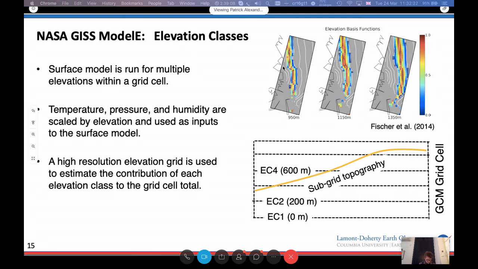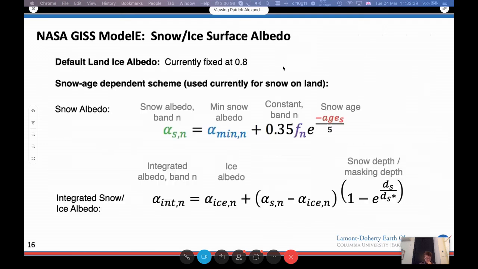So I'm going to be talking about snow and ice albedo. In the GCM over ice sheets and any land ice, the current default is for a fixed albedo of 0.8. But there's also a scheme that's used over snow on land where snow albedo changes over time as a function of snow age.